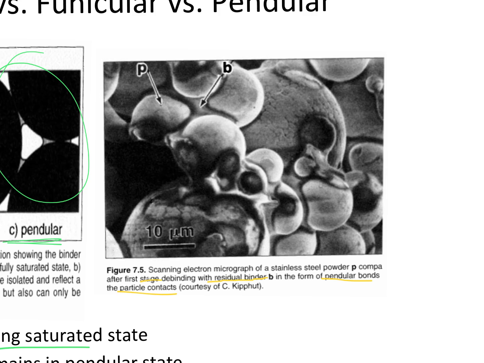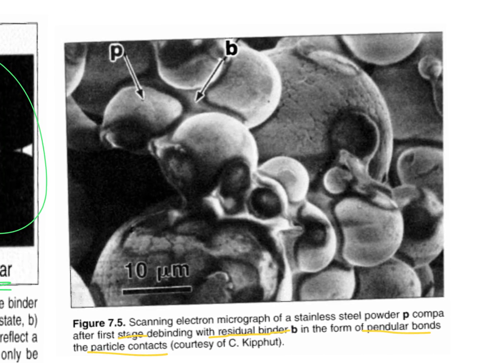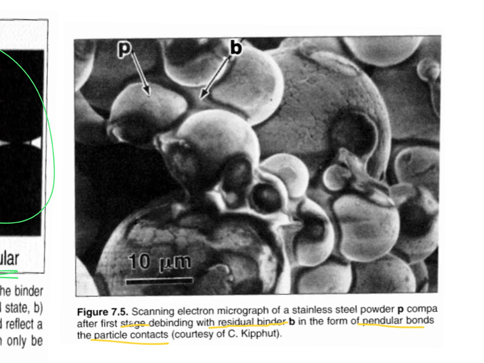And so if you go back to that slide showing you the glass particles, you can see similar things here. First off, you can kind of make out the pendular structures themselves between some of the particles, but it's even more obvious when we look at where this microstructure used to contact itself.